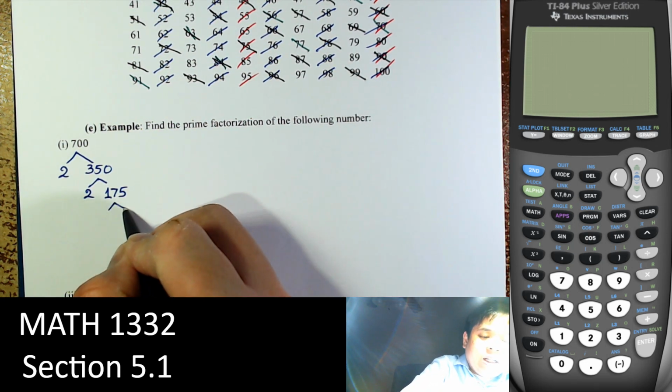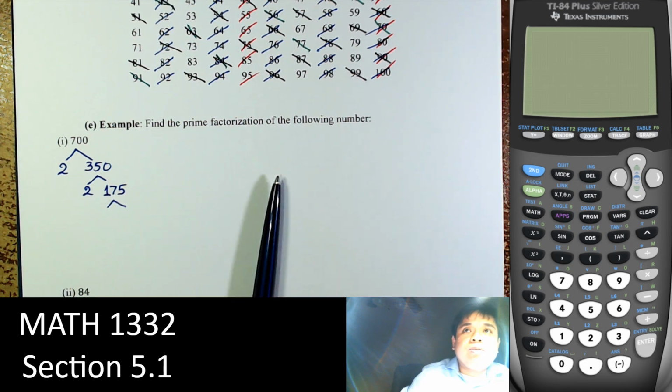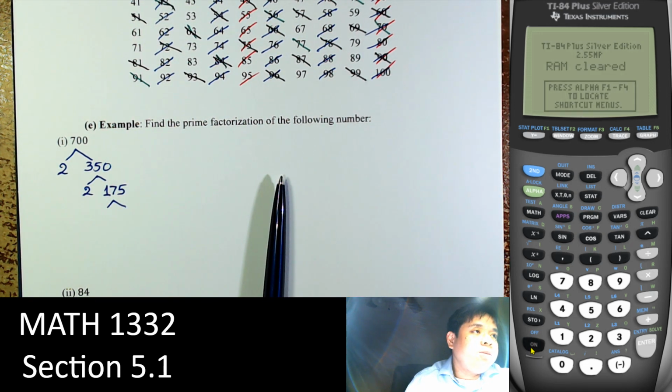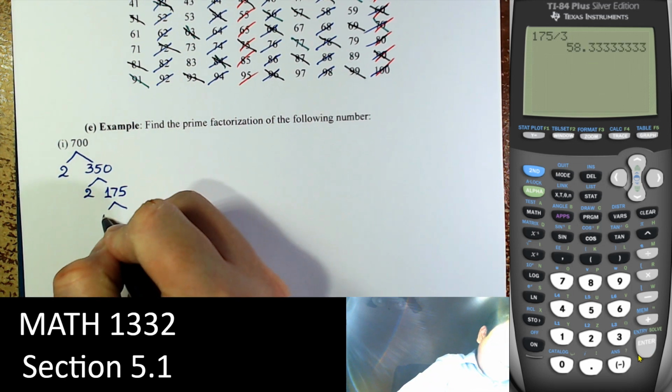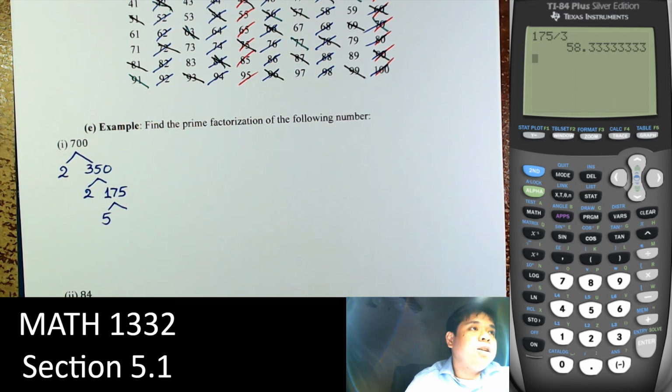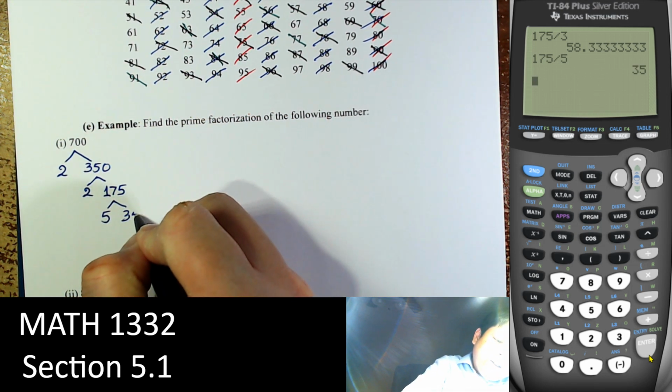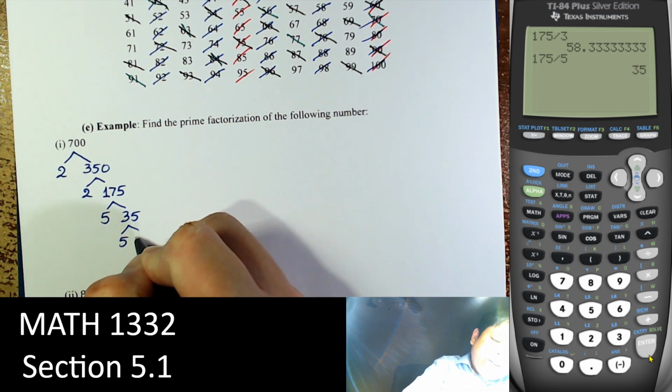Try 3. No. How about 5? Yes, and we get 35. 35 is 5 and 7.